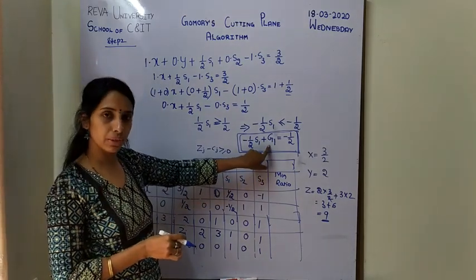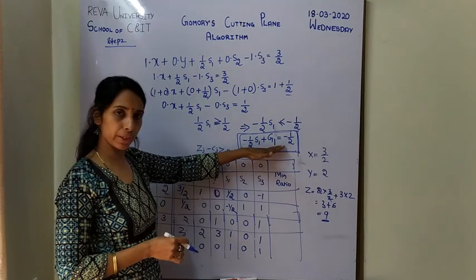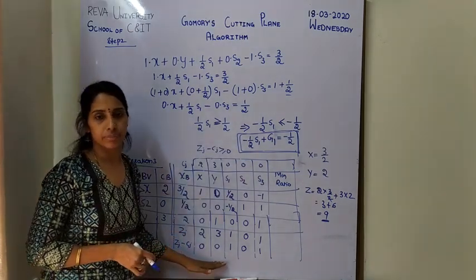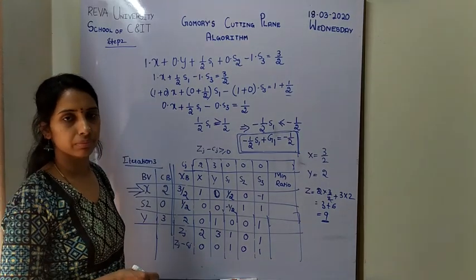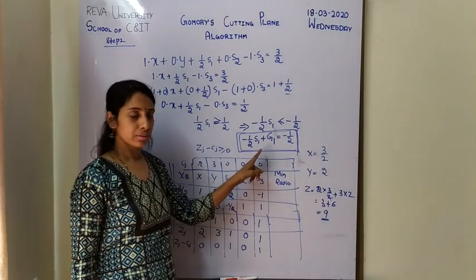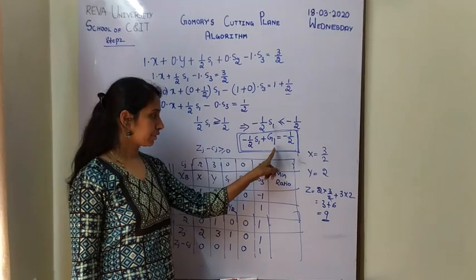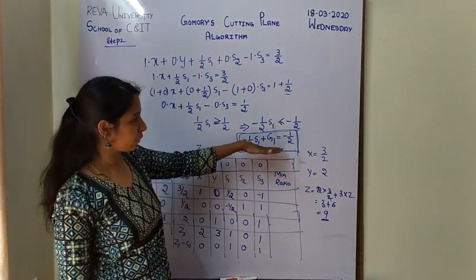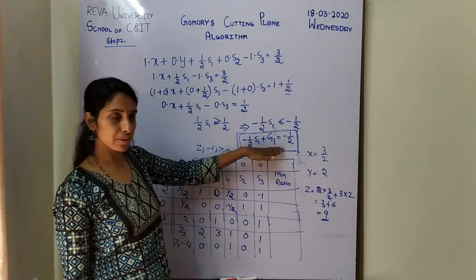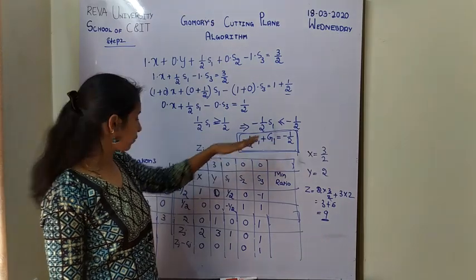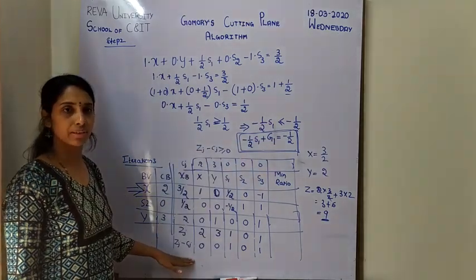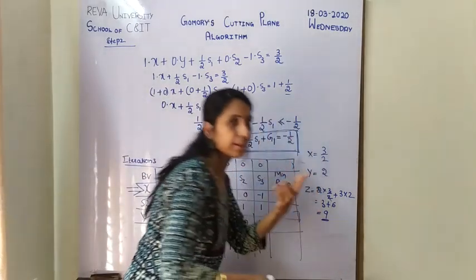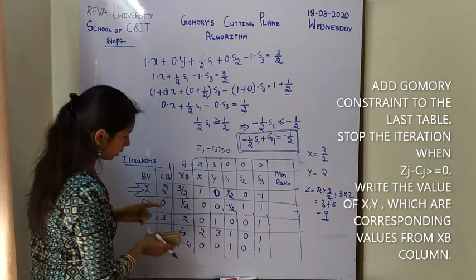Next we have to consider this equation in our last table. Now the Gomory's constraint is expressed. What you have to do, this equation you have to consider in the last table. So here the last table, you can rewrite the same table again.